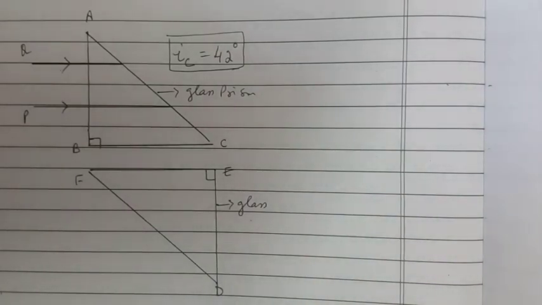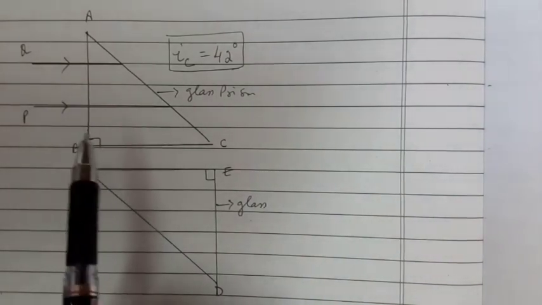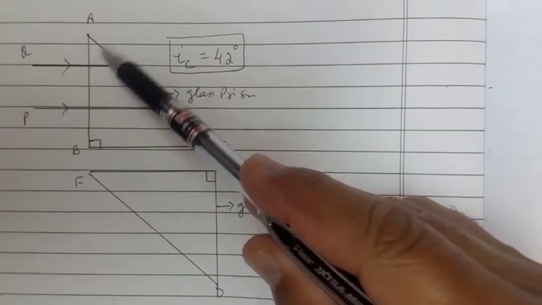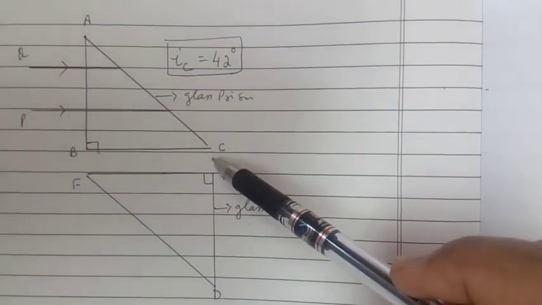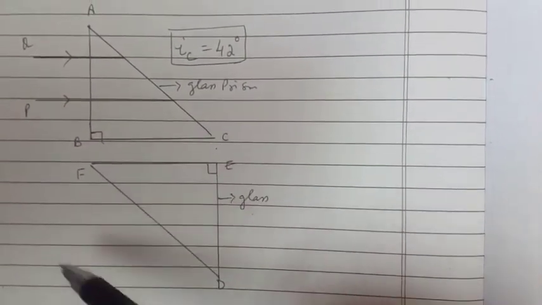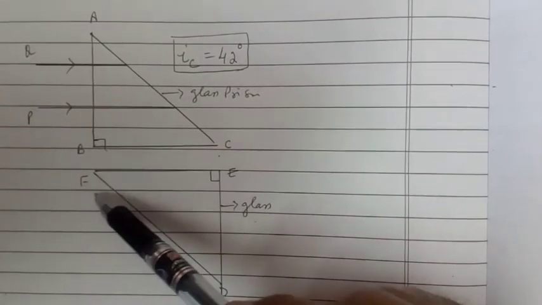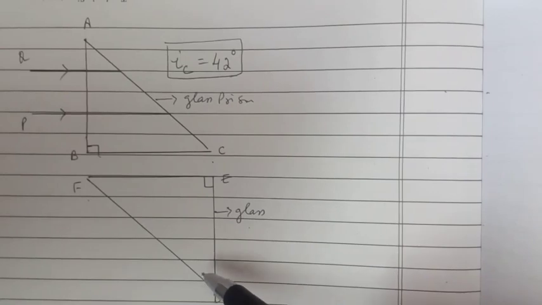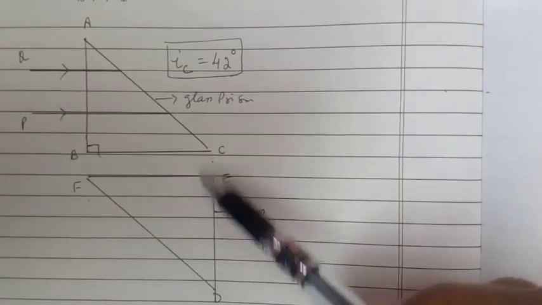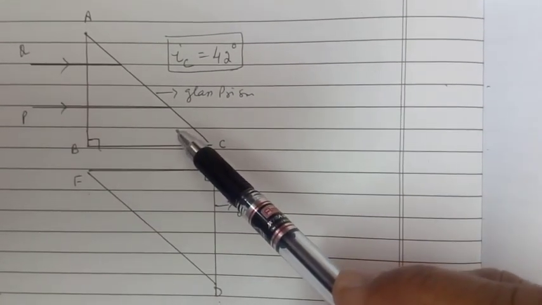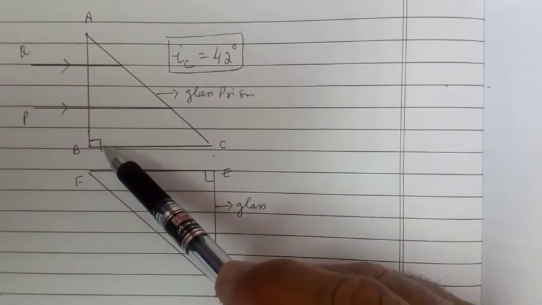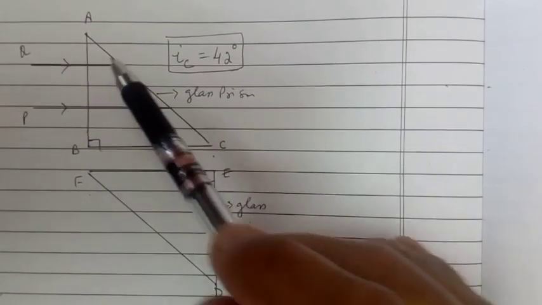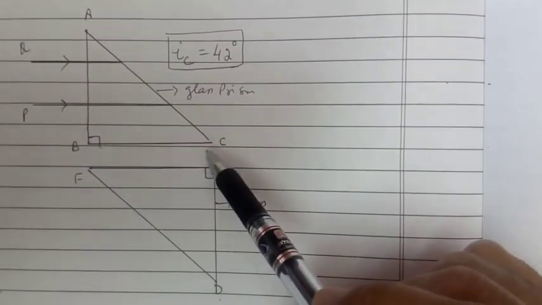Now we have another situation in which we have got two prisms. ABC is one right angled prism and DEF is another right angled isosceles prism. Since they are right angled prisms, right angle means one angle is 90. The other two angles must be equal. The sum of the other two angles should be equal to 90.